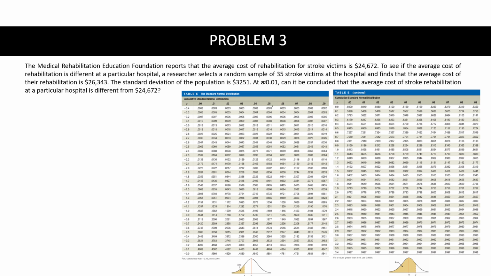$24,672? So first, we need to find the null hypothesis and alternative hypothesis.